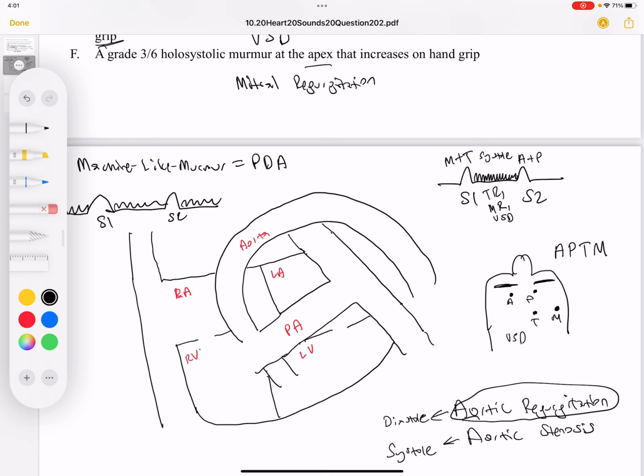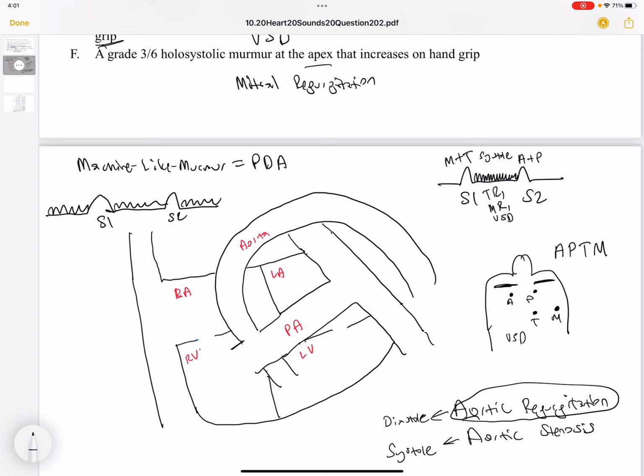So before we're born, prenatally, because we are not using our lungs, there's going to be a shift of the blood from the pulmonary artery to the aorta. And this is going to be done through the ductus arteriosus.